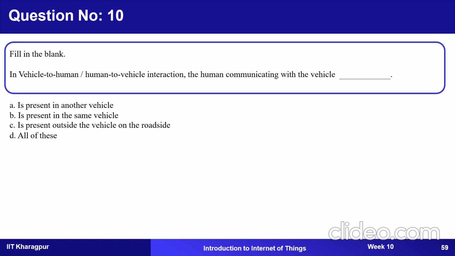Next question is fill in the blank. In vehicle to human and human to vehicle interaction, the human communicating with the vehicle blank: is present in another vehicle, is present in the same vehicle, is present outside the vehicle or on the roadside, all of these.